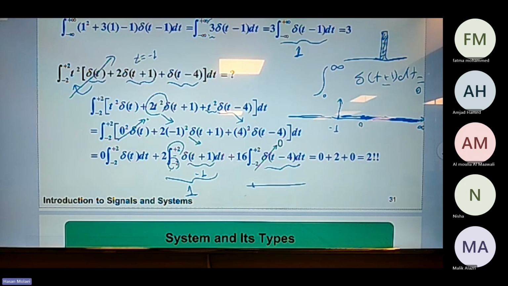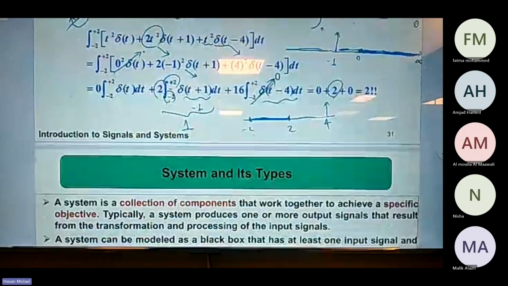I'm taking the integral from minus 2 to 2, but delta is located at 4. Here I have nothing, so this one is again 0. I have only the middle one, which is the coefficient. This integral is 1 multiplied by 2 would be 2. Is it clear?